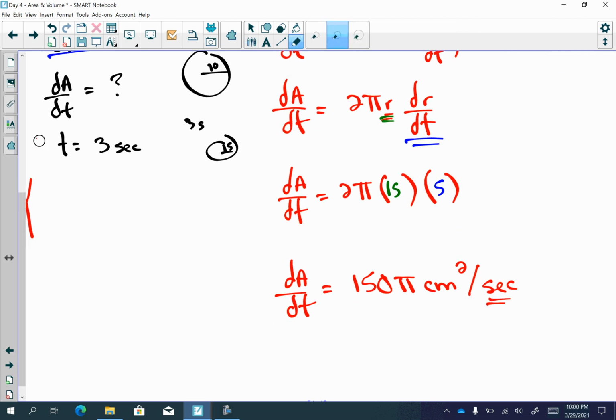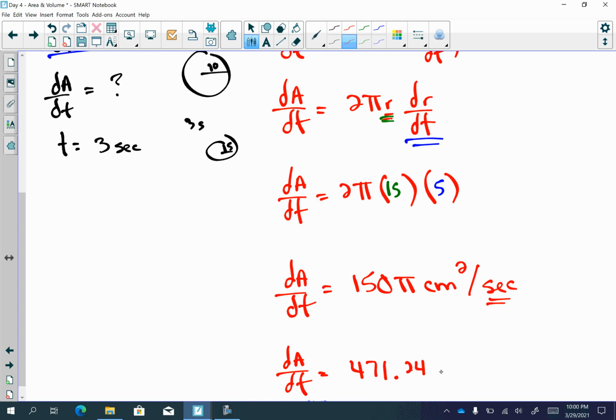Now, if you wanted to write that as an approximate value, that's pretty easy too. You would just multiply 150 times pi, and you get 471.24 as an approximate value. Both the same thing.